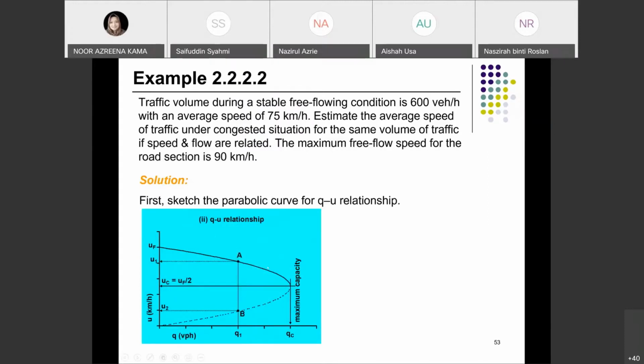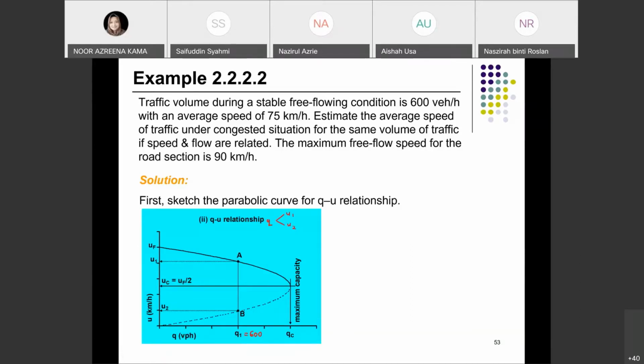Once you sketch the graph, you can label dia supaya awak nampak. Okay, ini QC, ini Q1. So Q1 ni lah 600, because in QU relationship one value of Q will give you two value of U, U1 and U2.